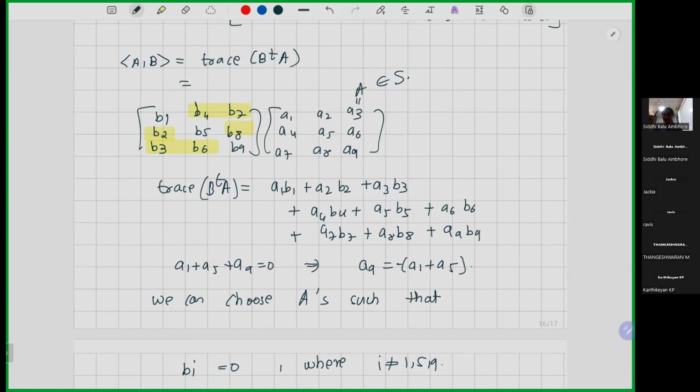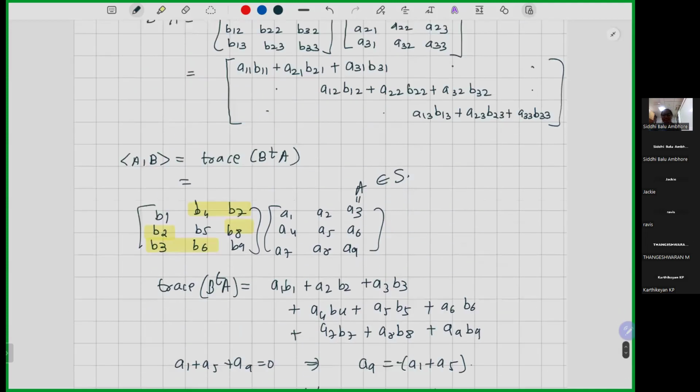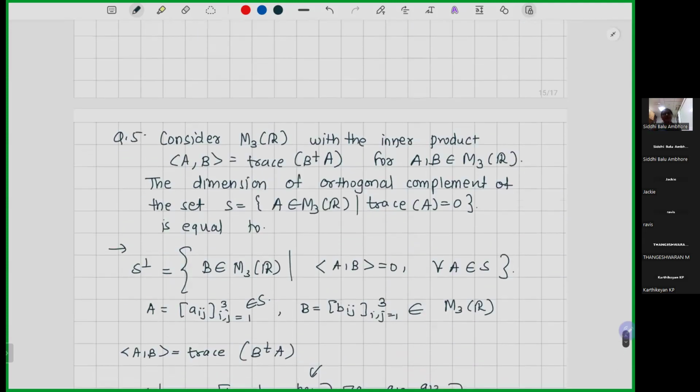I will give that explicitly to you in the discussion forum if possible. But right now, please understand that the dimension of this is equal to 1.